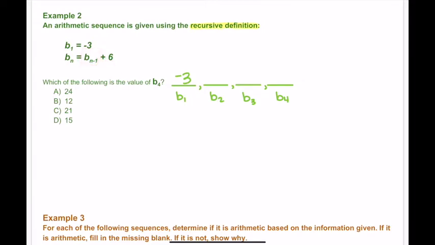So b sub 2 is b sub 1 plus 6, which gives us 3. Then b sub 3 is b sub 2 plus 6, which gives us 9. And we'll continue that pattern of plus 6. So b sub 4 ends up being 15.